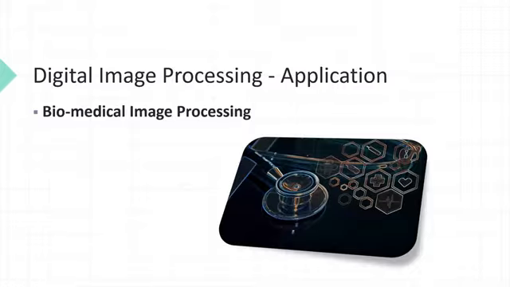This has been one of the very important applications of digital image processing, where we tend to identify abnormalities and try to forecast them beforehand, such that we can carry out the treatment and save lives. Not only abnormalities, it can even identify the causes that led to the ailments.